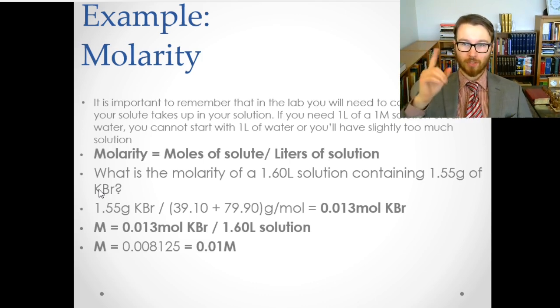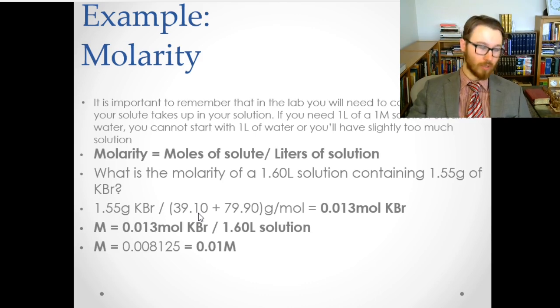So we're going to have to go from grams to moles, and we can do that. We've done it a bunch. We're going to do it again. You just take your number of grams divided by the molar mass of the thing. Remember that the molar mass comes off the periodic table, or you can ask your smart home device and it'll tell you if you've got one of those. So let's take a look here. To find the moles of KBr, we're going to take 1.55 grams, because that's what it gives us, divided by the molar mass of KBr.